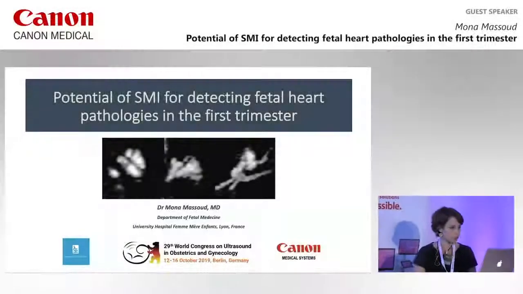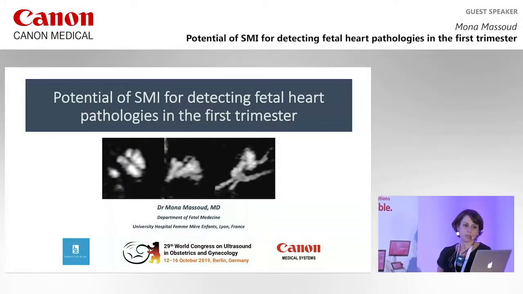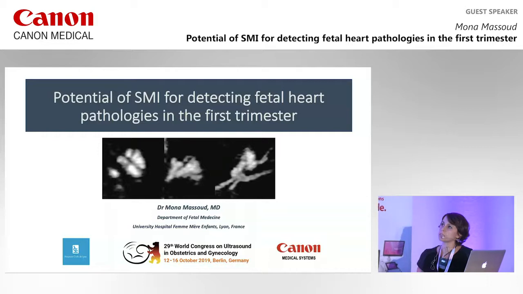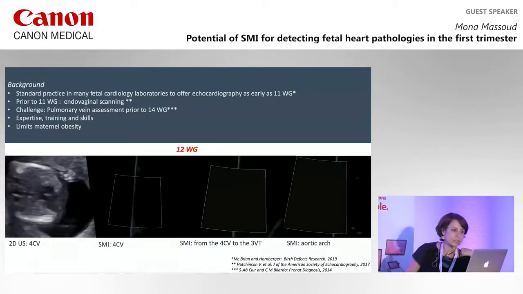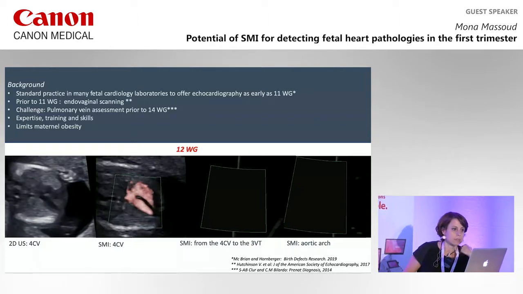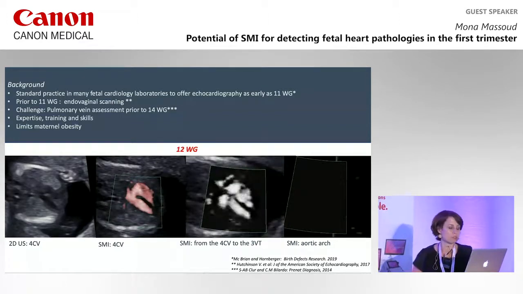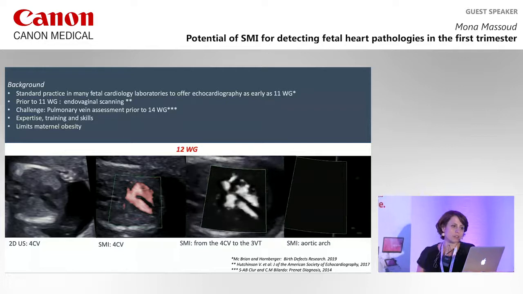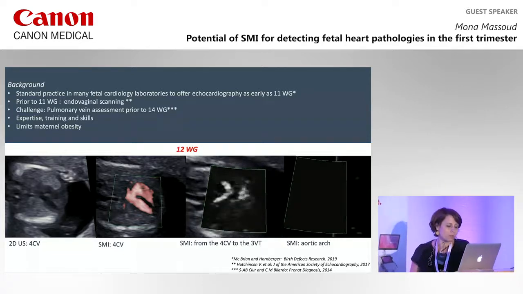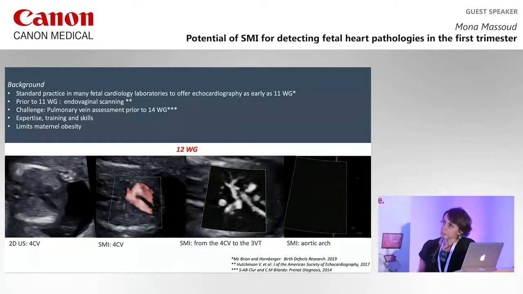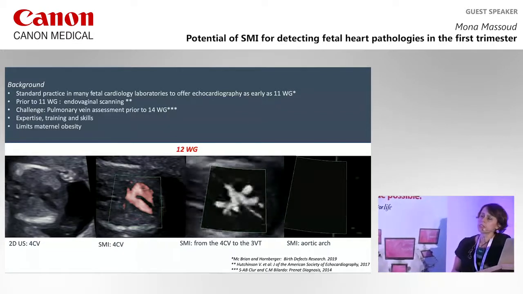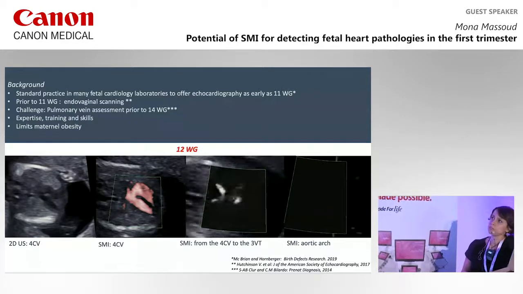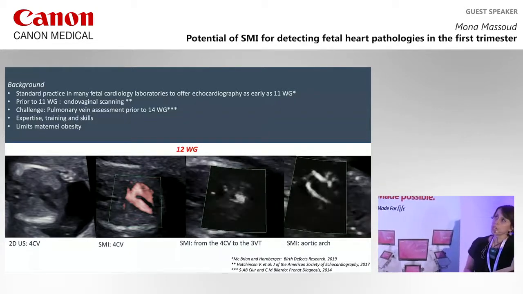So I'm going to present the potential of SMI for detecting fetal heart pathologies. What is already said is that fetal heart assessment is becoming a standard practice in many fetal cardiology laboratories with advances in fetal imaging technology.